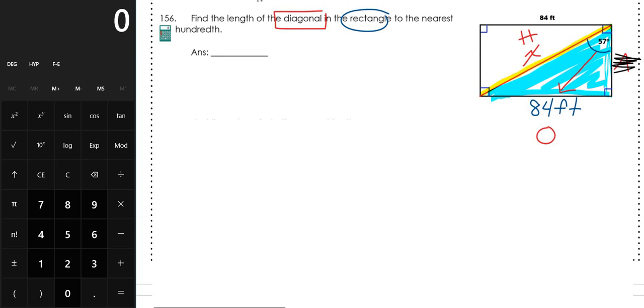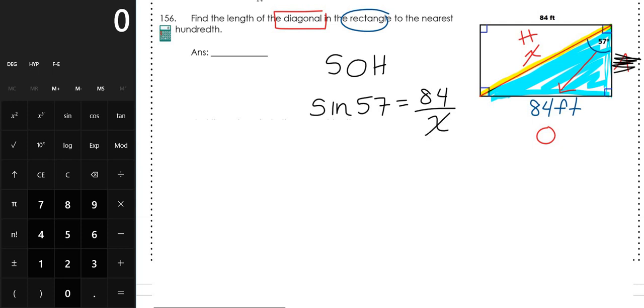Instead, I'm looking for the trig function that uses O and H, which is SOH, sine function. So with our sine function, I'm going to go ahead and set it up. Sine of 57 equals the opposite side, which is 84, over x.